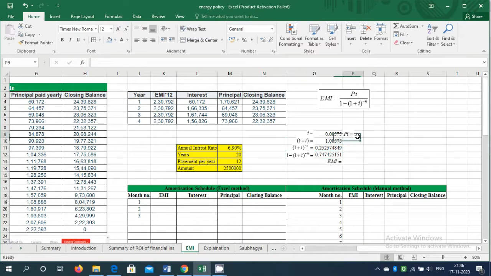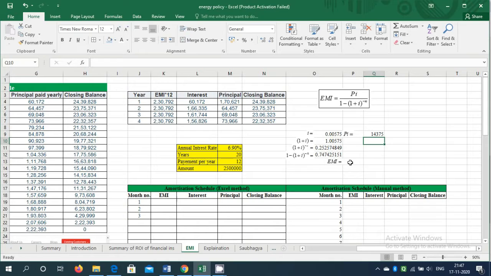And then principal into interest, I'll calculate this one. Principal is here 25 lakhs. Here also I have defined this one, multiplied with I is this one. Okay, so it is coming 14,375 is PI.